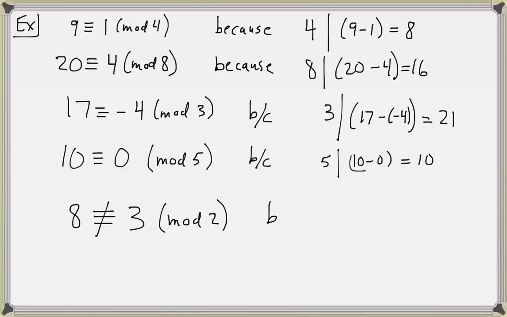And we see that by definition, 2 does not divide 8 minus 3, which is 5. So there are a few examples of congruences. Now I'm going to prove that the congruence relation is an equivalence relation. So let's look at some properties of congruences.